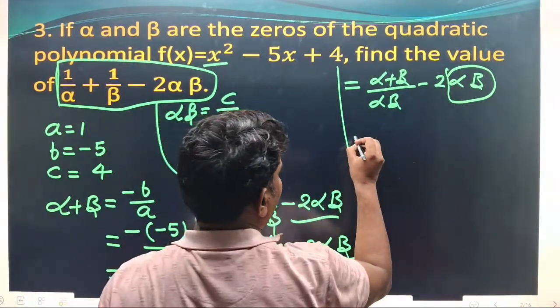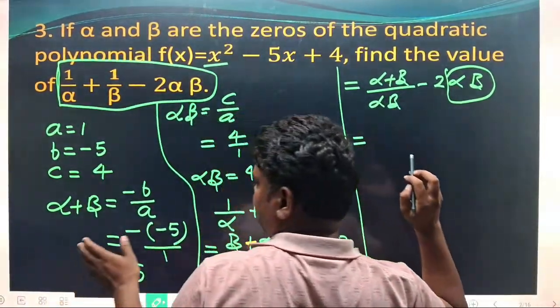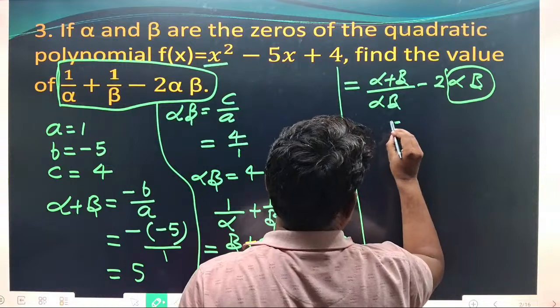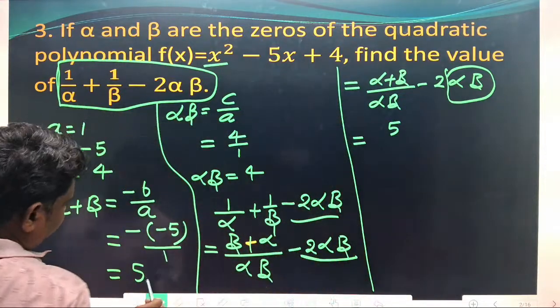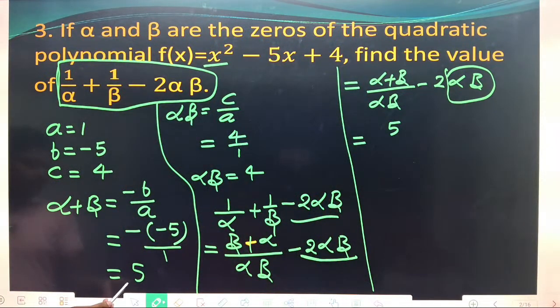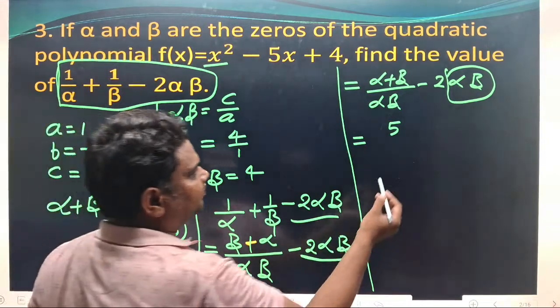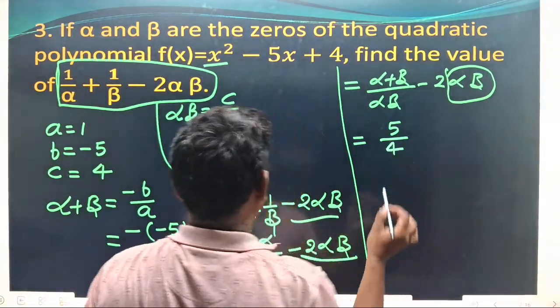Now you see here, sum of zeros is 5, and product of zeros is 4.